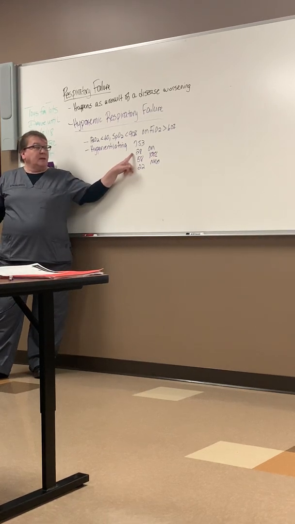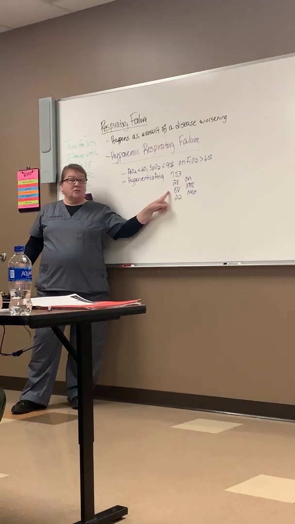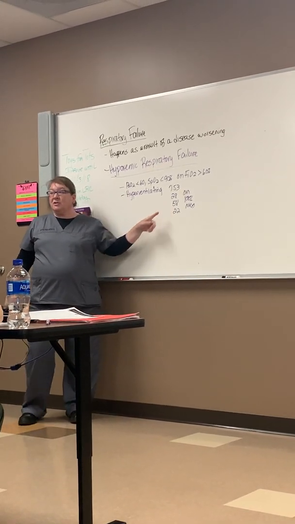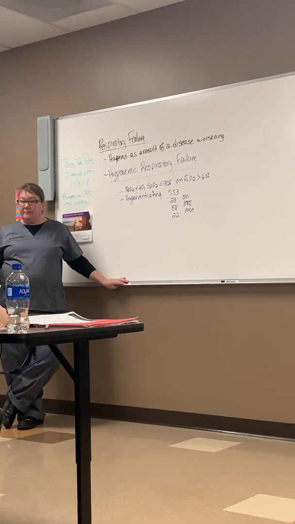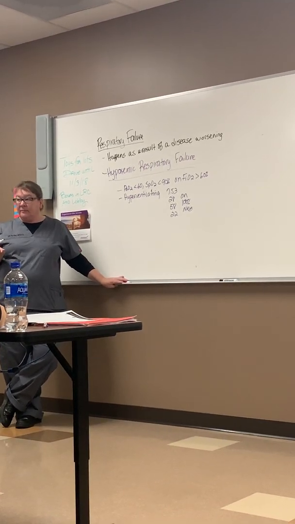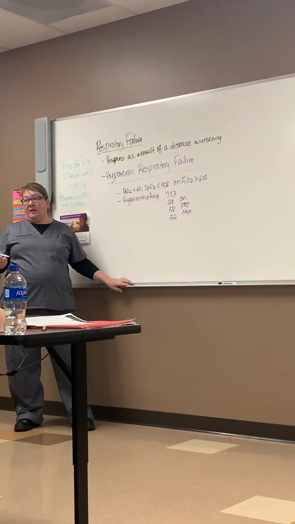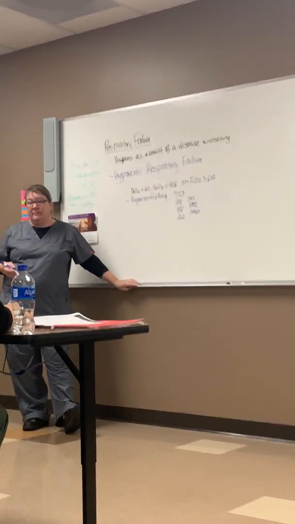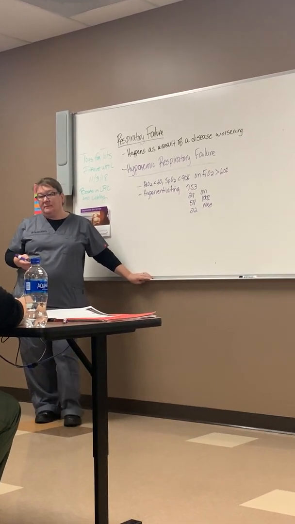So the patient is hyperventilating, so ventilation is not the issue here, oxygen is. So my patient is hyperventilating because they're trying to get more oxygen into their system. That make sense? This will turn into hypercapnic respiratory failure if you don't fix it. But we try not to let it get that far.